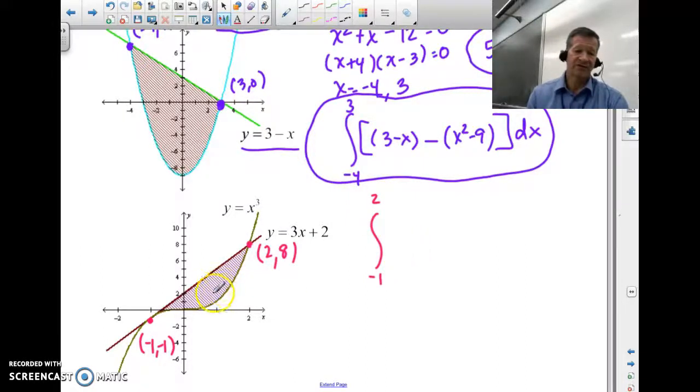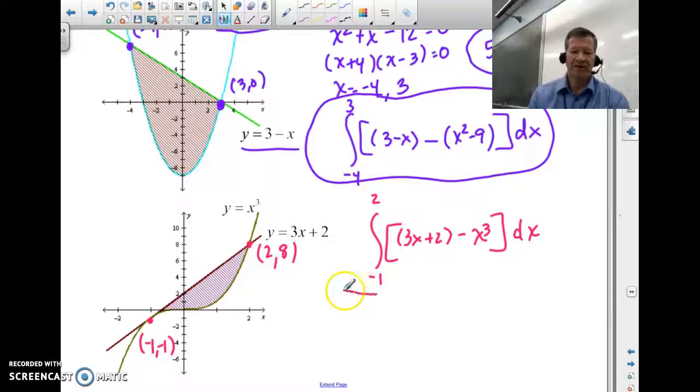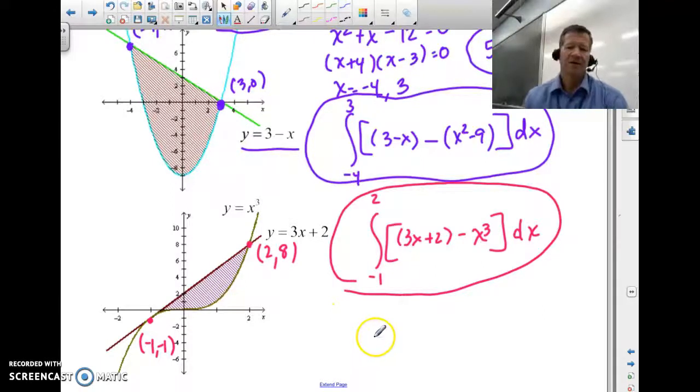And then which function represents the top boundary of this shaded area? It would be the line 3x plus 2 minus x to the third. The cubic represents the bottom boundary, and that would be an integral that you would set up to find that area.